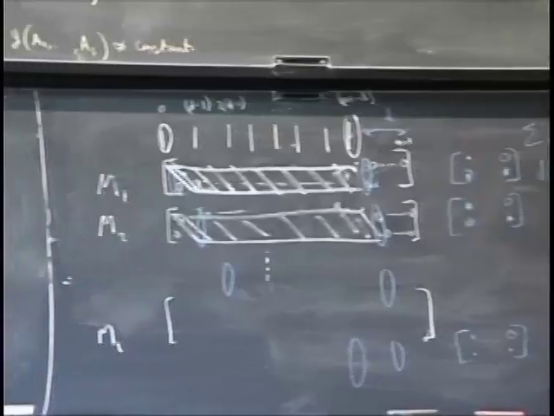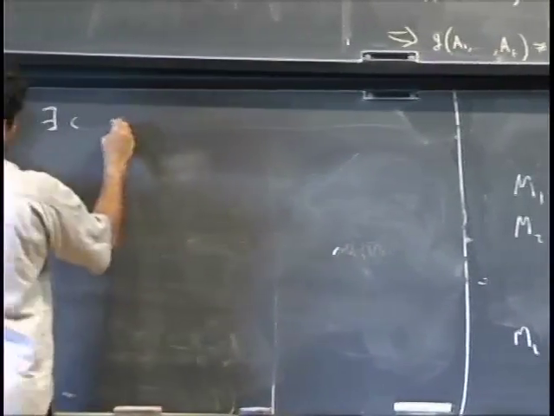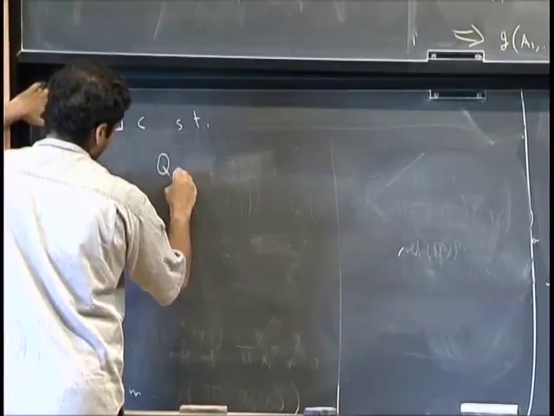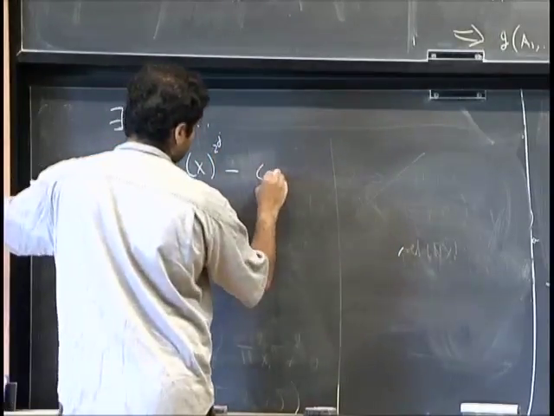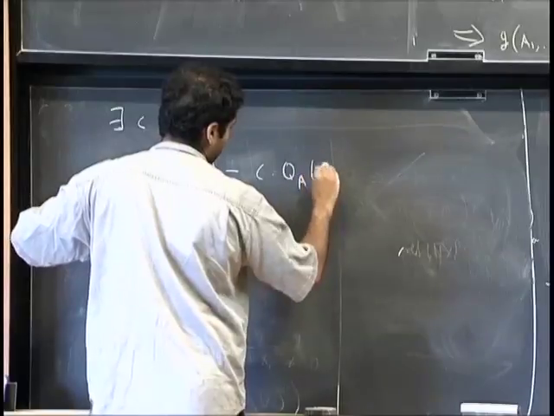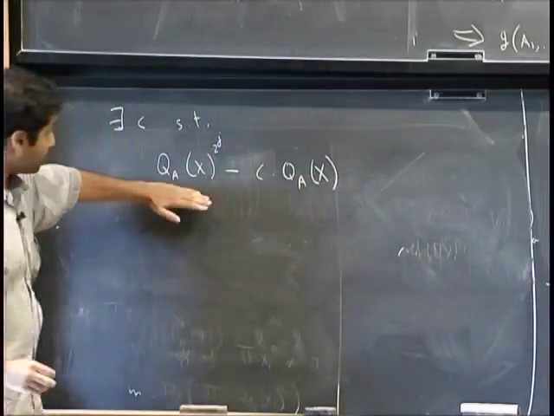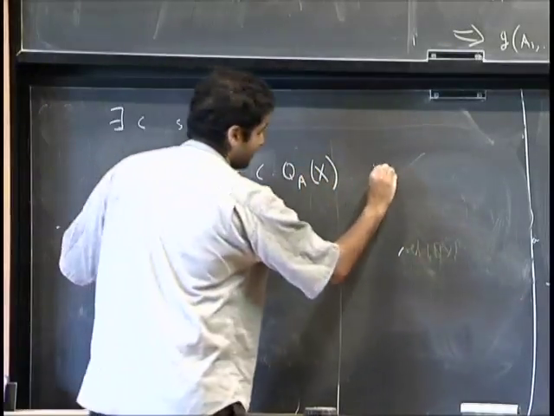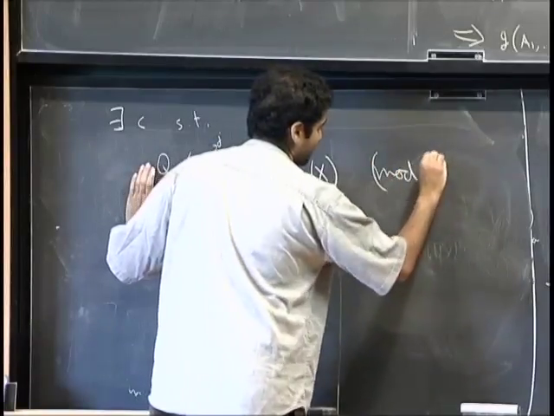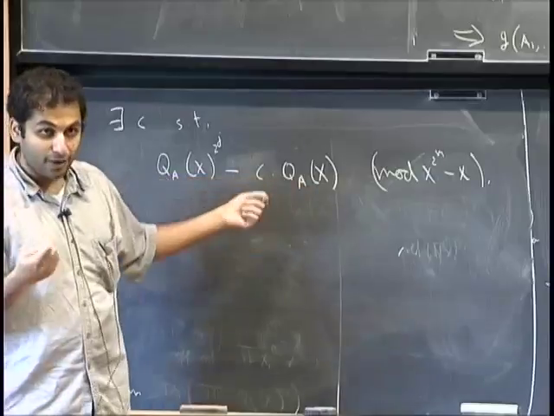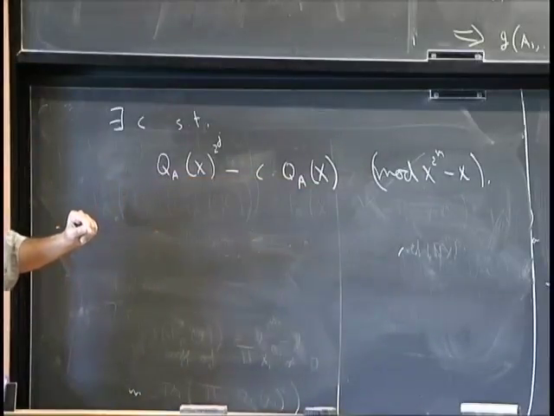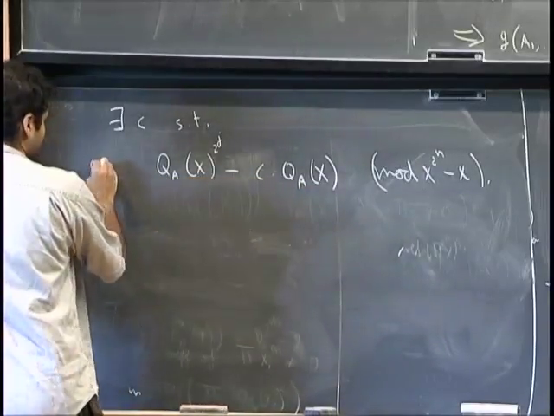So that means there is some c such that qa of x to the 2 to the j minus c times qa of x, mod x to the 2 to the m minus x, is a polynomial of degree strictly less than 2 to the m minus d.